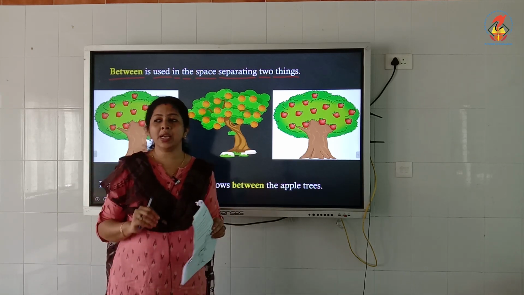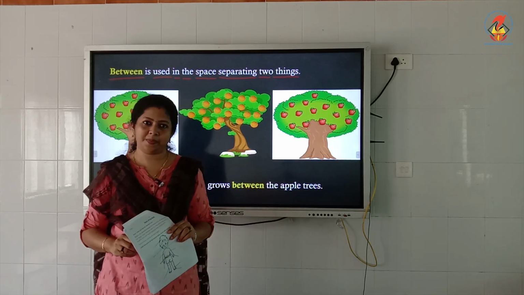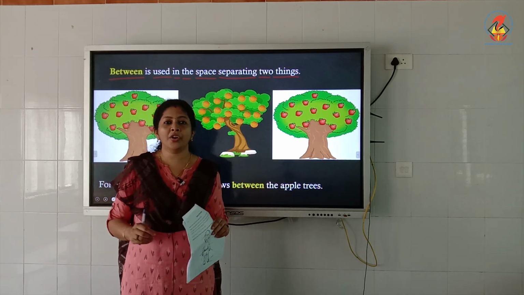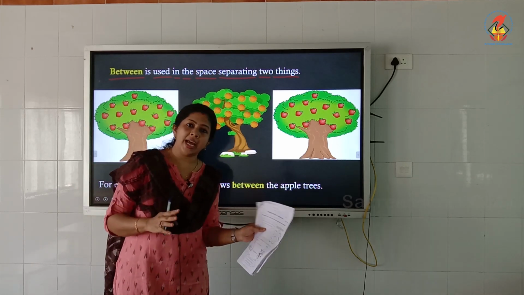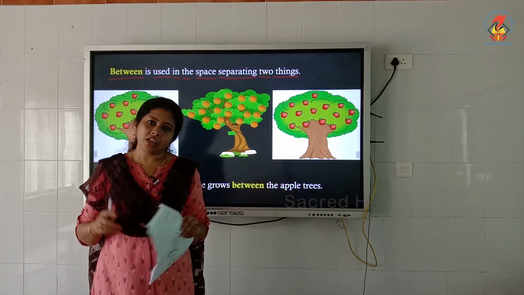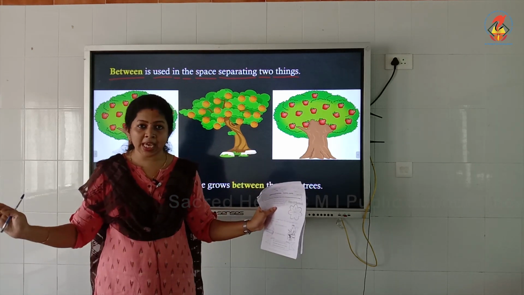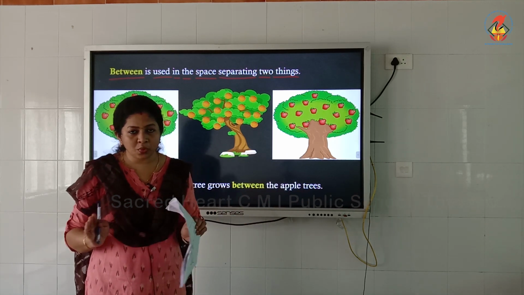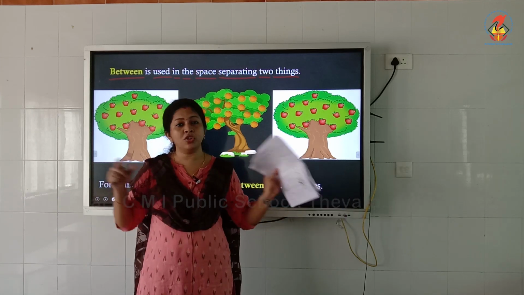Example, Rama is sitting between Rahul and Johnny. Or Jia is sitting between Ryan and Jahan. So between means in the space, in the gap separating two things.